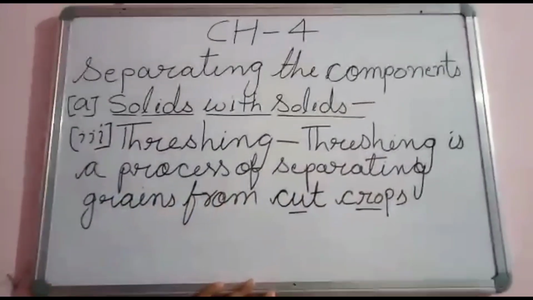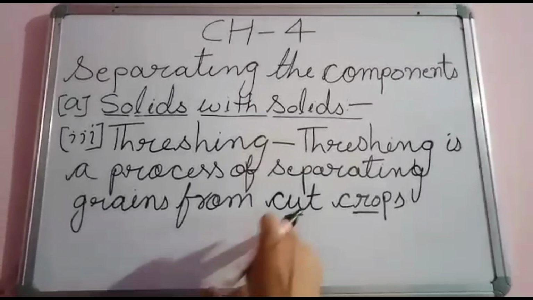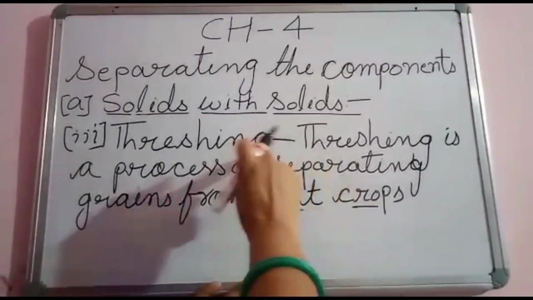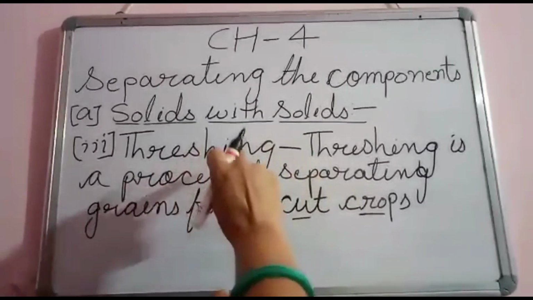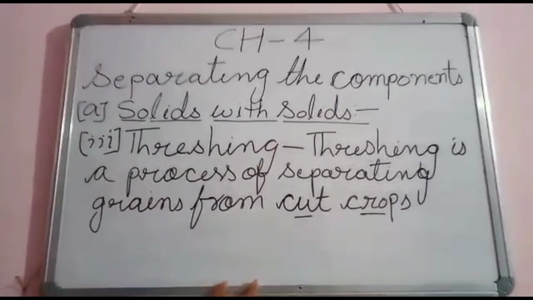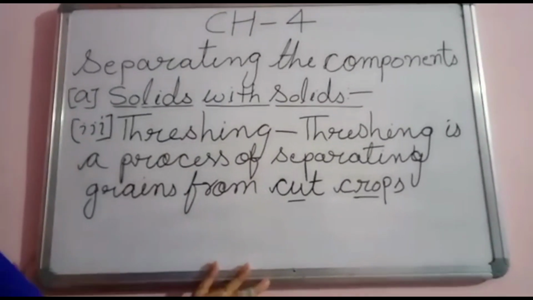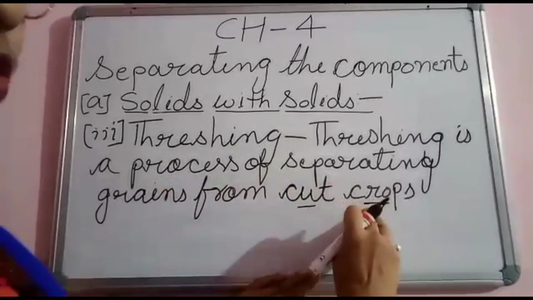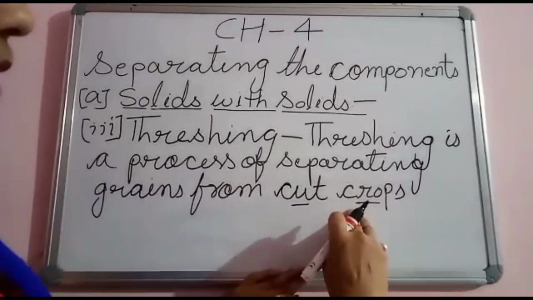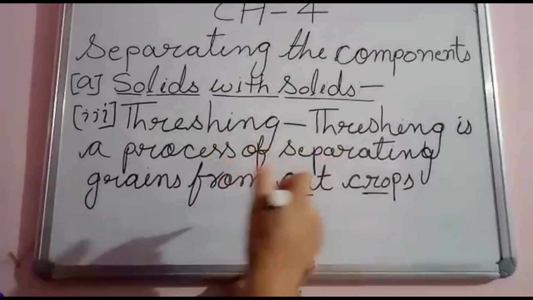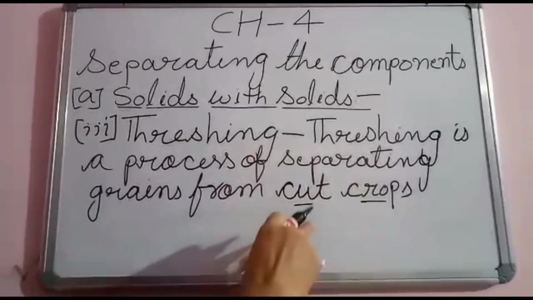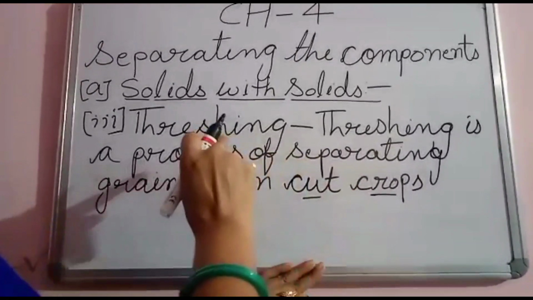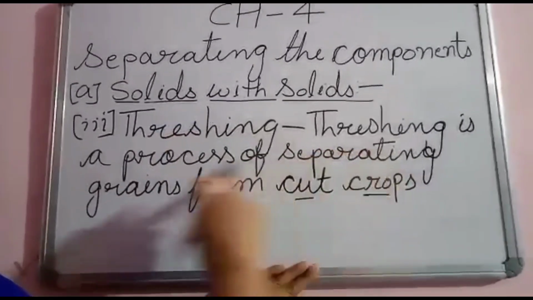Whenever the crops mature in the field, the farmer cuts the crops and gets them threshed using a thresher machine. Thresher is a machine that is used to thresh the cut crops. Cut crops are threshed by using a thresher machine, and grains are separated.